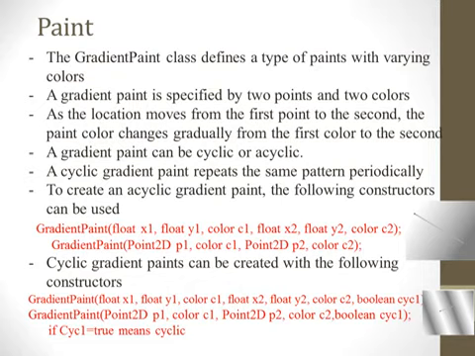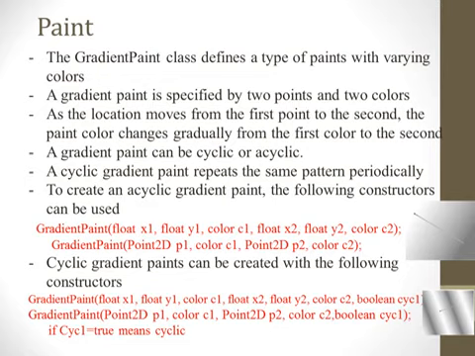This is an example on paint: write Java code to display a square whose upper corner is (10, 10) and whose width and length are 200, using a cyclic gradient paint with color varying vertically.